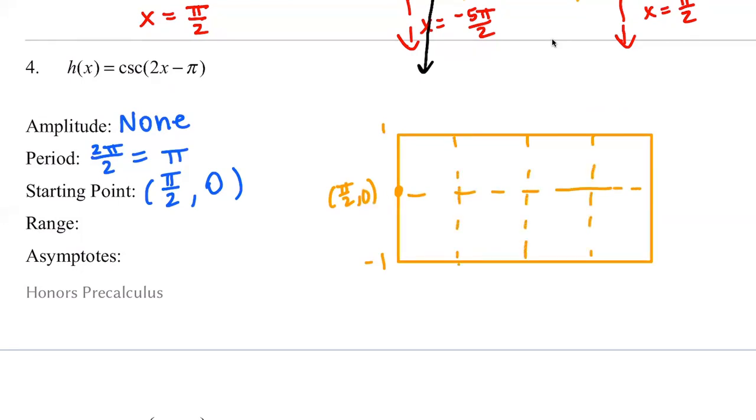Okay, we're beginning at pi over 2. So if I add pi, that's the length of the period, we would get 3 pi over 2. If we want to find the midpoint, I can add these together to get 4 pi over 2 divided by 2 for our midpoint.